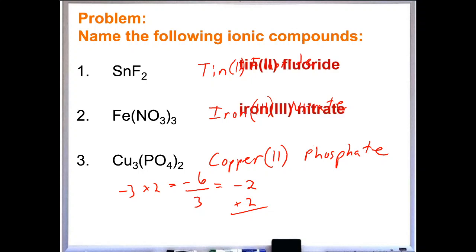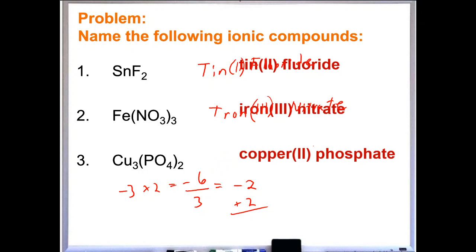We can check our answers. So tin(II) fluoride, iron(III) nitrate, copper(II) phosphate. I'll just get rid of that so you can see everything. So that's all there is to it. Just determine the charge of the metal and indicate it in Roman numerals. If it's a halogen or something like that, change the ending to "ide." If it's polyatomic, just keep the name of the polyatomic.